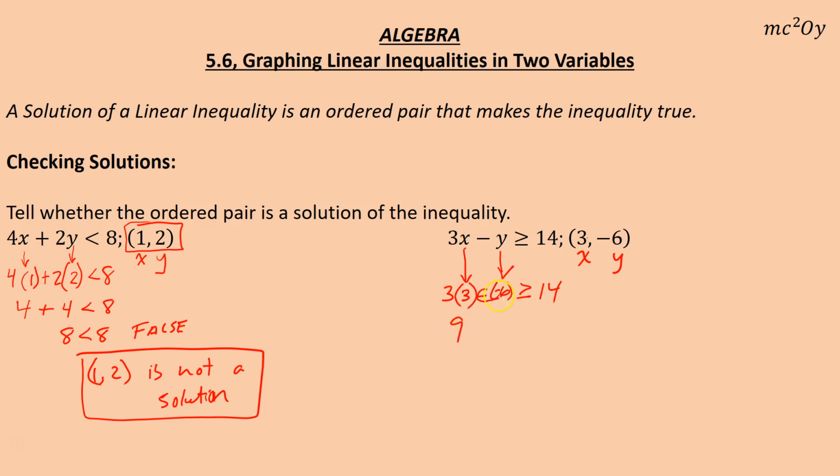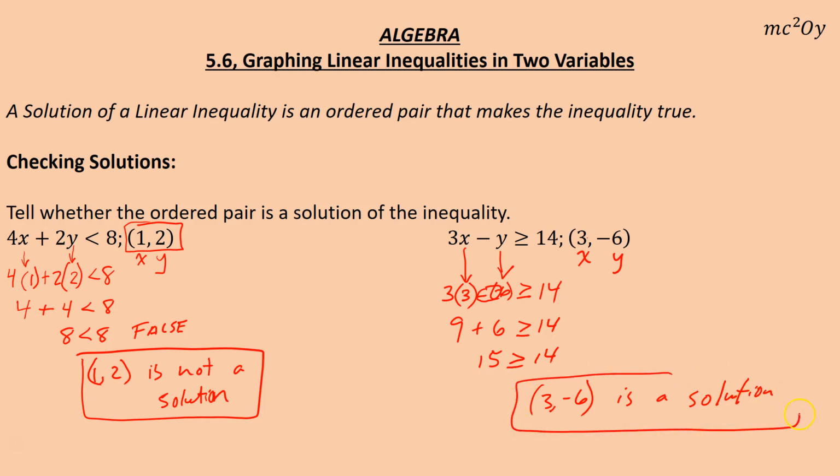And notice I wrote it out, that shows me the double negative there. Two negatives make a positive, so that's plus 6. Is that greater than or equal to 14? Well, that's 15. 15 is greater than 14. So the ordered pair (3, negative 6) is a solution because it makes the inequality true when you substitute it back in. That's a way to test or check them.